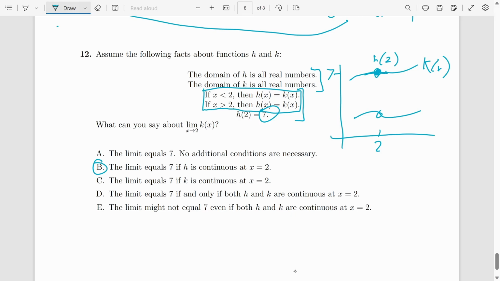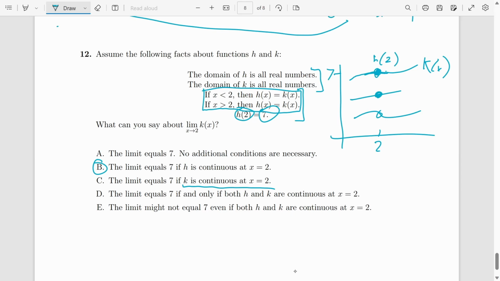Let's say that k is continuous at x equals 2. It's continuous, but the point there is not 7. It's, I don't know, 5 or 4. So that couldn't be the case. It's only the case if h is continuous at that point, since we have it defined already at x equals 2. So that's why B would be the right answer here.